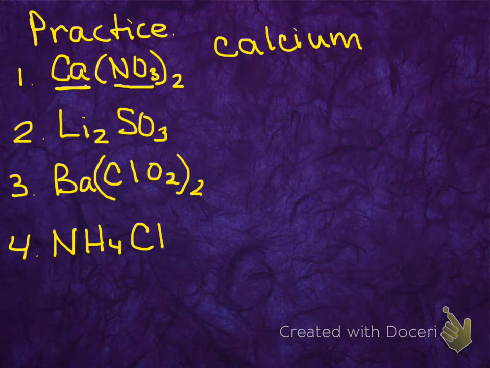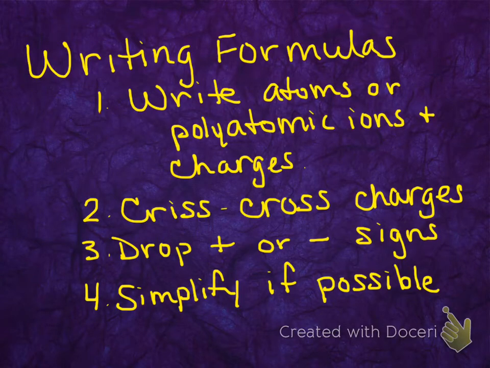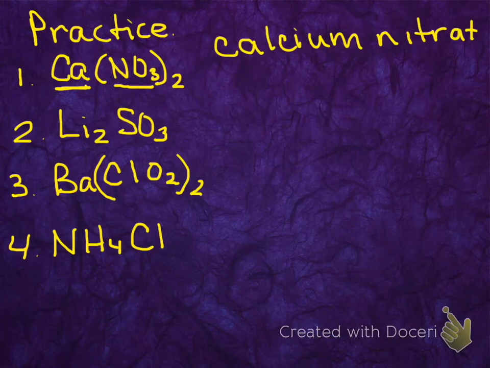Find NO3. You'll notice it has a -1 charge, but the name is what we're concerned with. The name is nitrate. And so the name of Ca(NO3)2 is calcium nitrate.